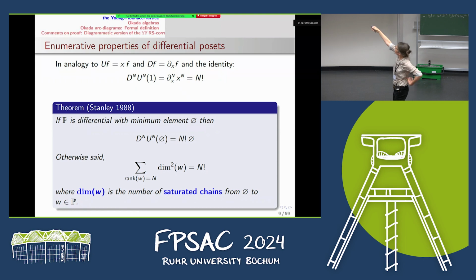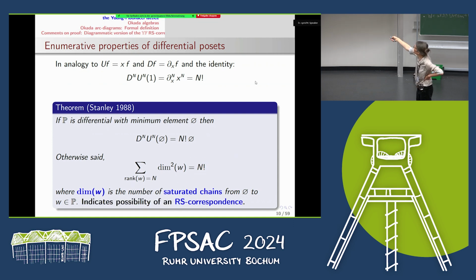The important observation that Stanley saw in his paper on differential posets is that if we let W be an element of a differential poset, and dim W denote the number of saturated chains, so these are paths in the Hasse diagram going to W, and if we take the sum of the squares over elements which all live at rank level n, then they tally to n factorial.